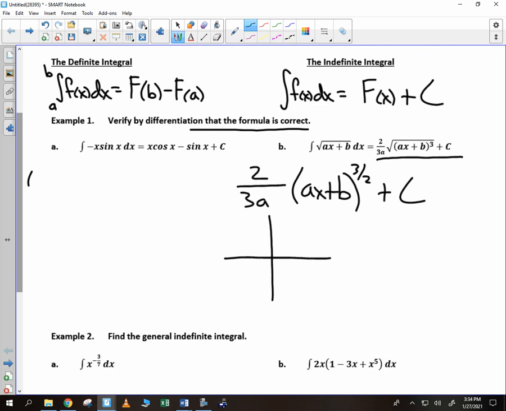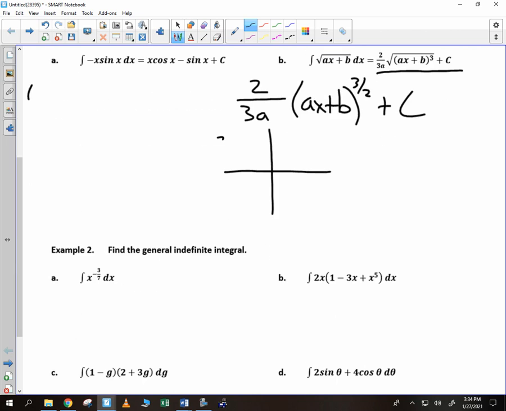And the chain rule here, we have 2 over 3a times u to the 3/2 power. And then u is ax plus b. The derivative of ax plus b is a, and the derivative of u to the 3/2, the 3 halves in front will cancel with the 2/3.